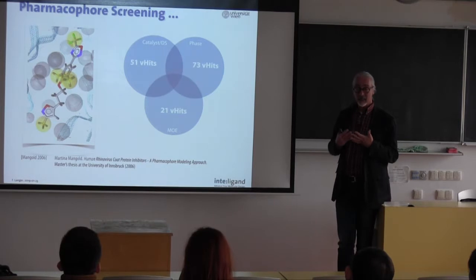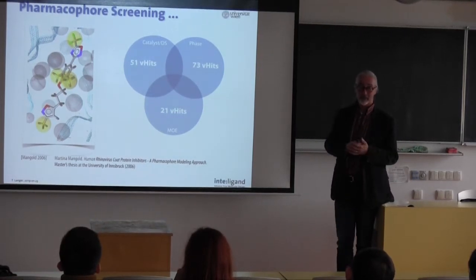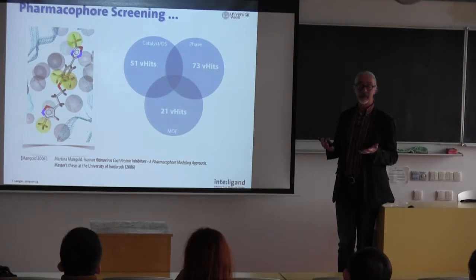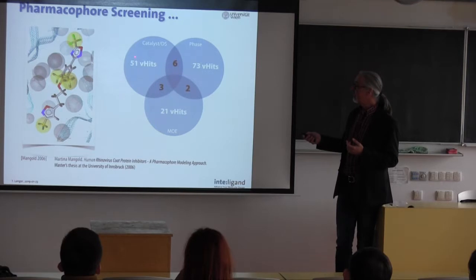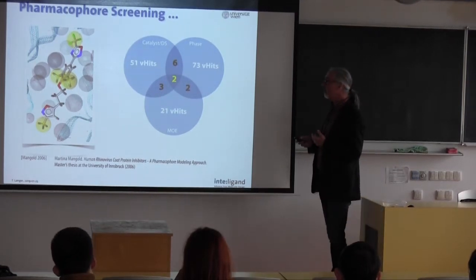We got with the same model, of course translated into the language of these different programs, but the coordinates of the features were the same, and the coordinates of the conformations were the same, but we got different hits. The number of hits that are similar between the three different programs is low, and the overall number was really very low. So we were completely unhappy with that.